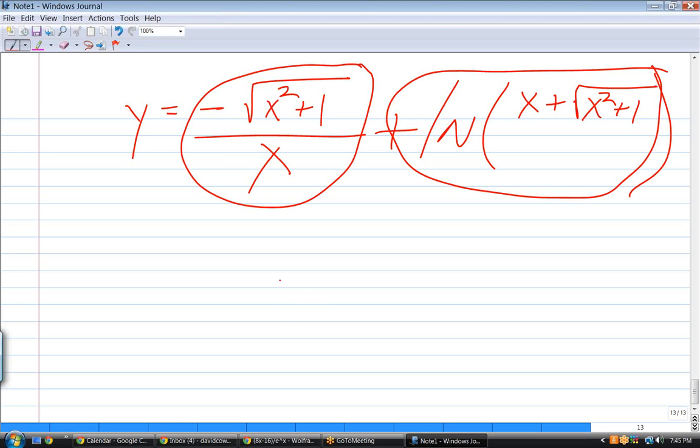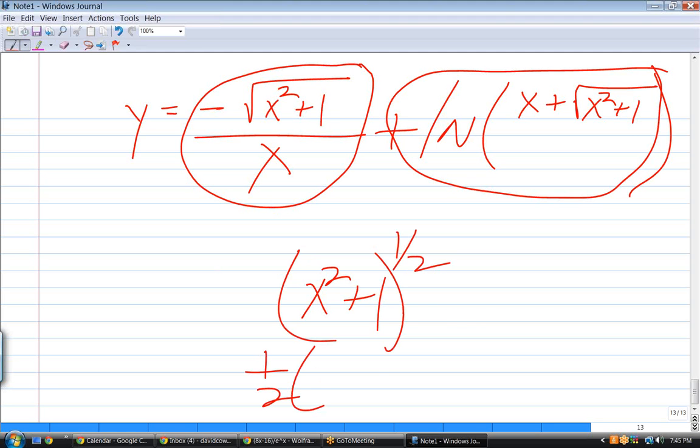If I said take the derivative of that, first of all, let me rewrite it. That's x squared plus 1 to the 1/2. The derivative of that is 1/2 x squared plus 1 to the negative 1/2 times the derivative of the inside, which is 2x.